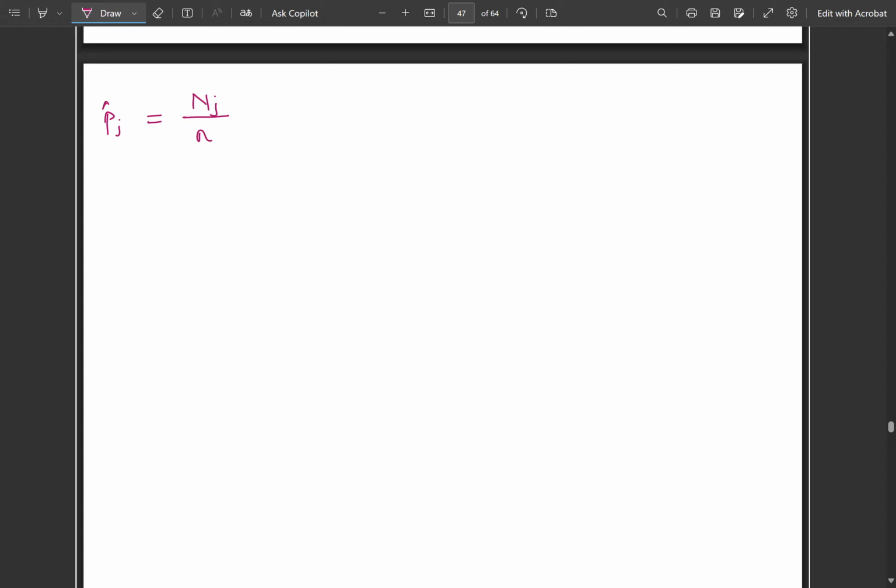Now n is the total sample and nj is a small subset of n. We can think of this as a binomial distribution, where n is the population and pj is the population probability of nj divided by n.